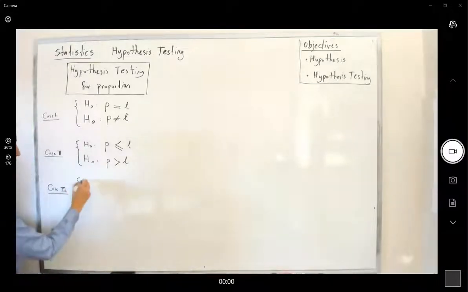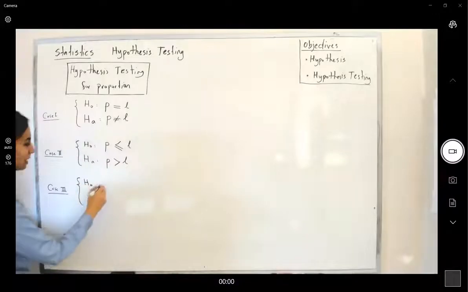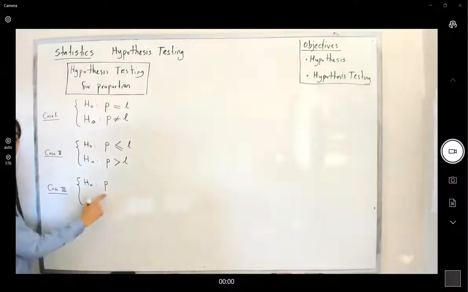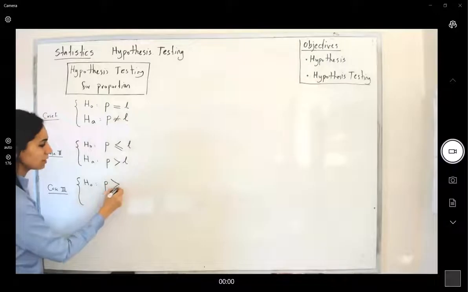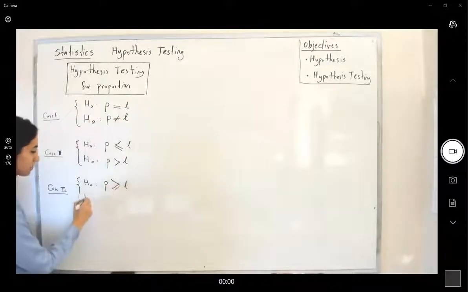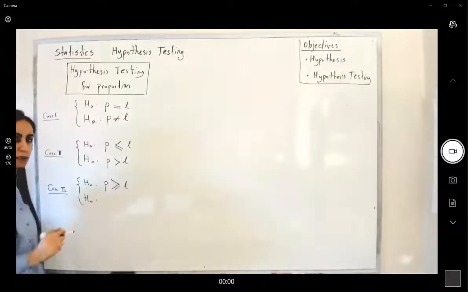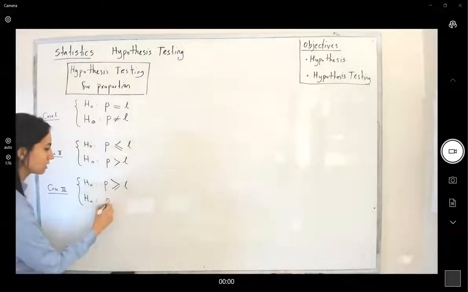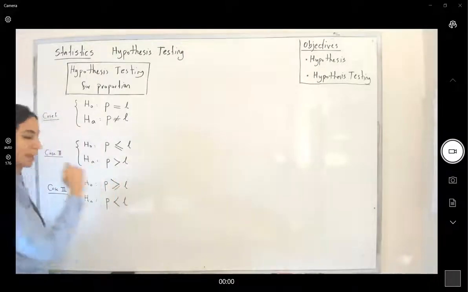So in this case, the null hypothesis can be written as P, the population proportion, is greater than or equal to a number. The alternative hypothesis says the population proportion is less than that number.